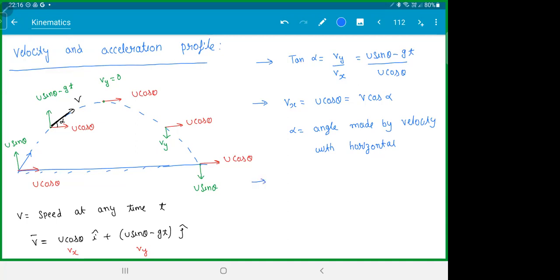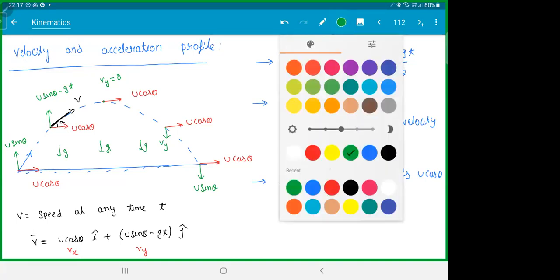And at H max, vy is 0, velocity is u cos theta. And the acceleration is always g downward. If you observe the acceleration here, it is g, and it is always g. Acceleration is always g downward. Check this out.